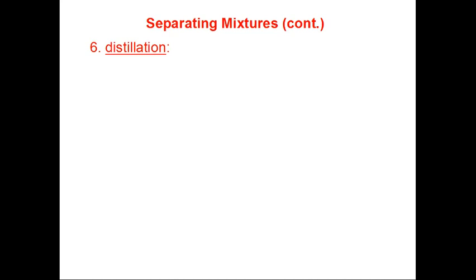Another process, and a very common process in chemistry, is distillation. Now, if you look at this word, distillation, hidden here in the middle of it is the word still. And if you think about not like staying still, but what a still is, an object called a still, some of my folks that are watching this video might know better than others, but a still is used to make moonshine.